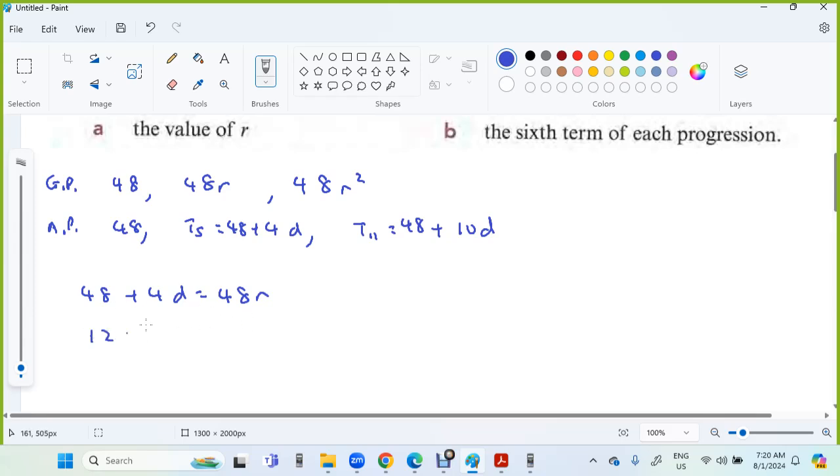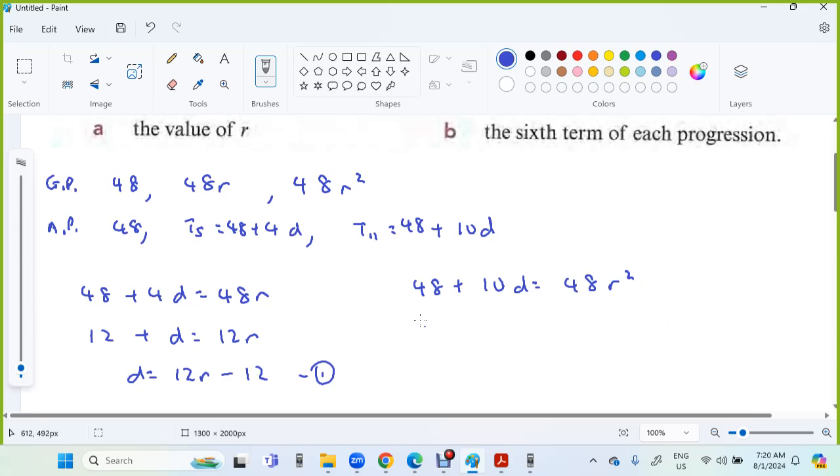Then we have 12 plus D equal to 12R. So D is 12R minus 12, equation 1. We have 48 plus 10D equal to 48R squared.